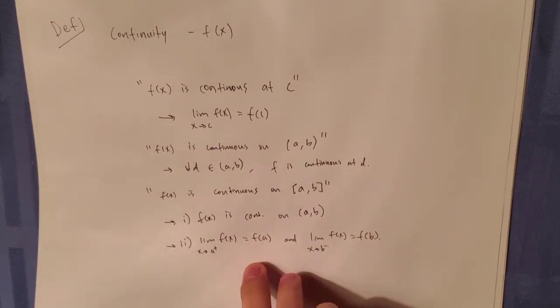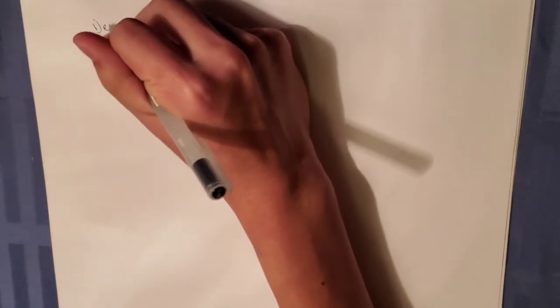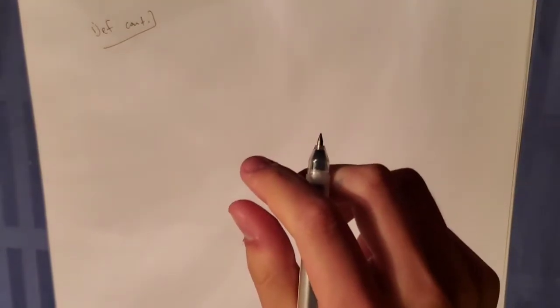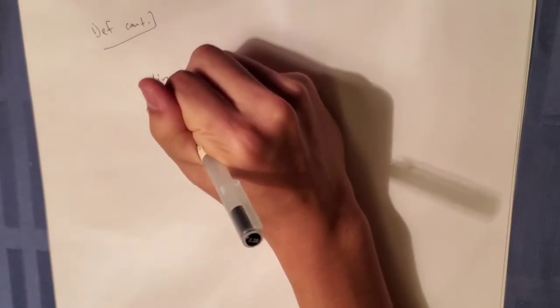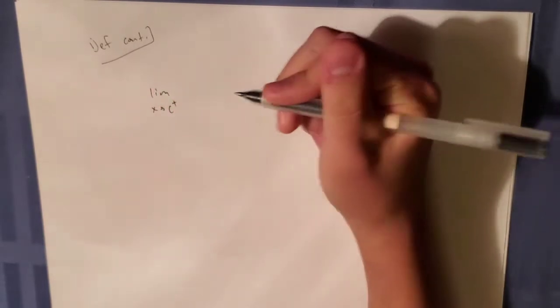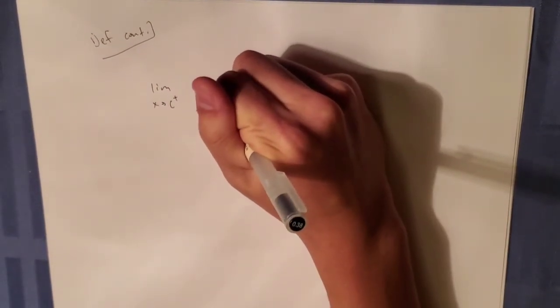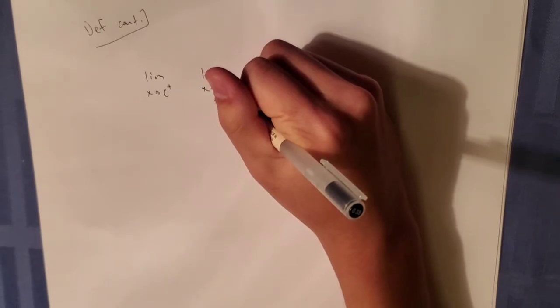Okay, so some more definitions. I guess you just saw me use the definitions of one-sided limits. One-sided limits will be used quite quickly in these definitions. So the limit as x approaches c from the positive side is from the right, and the limit as x approaches c from the negative side is from the left. C plus is right, and c minus is left.